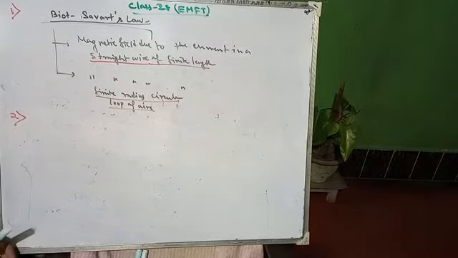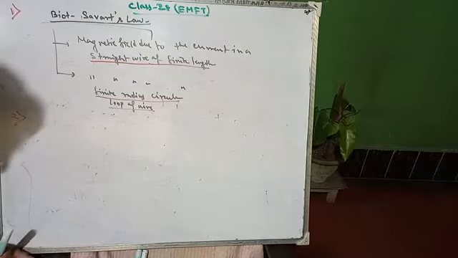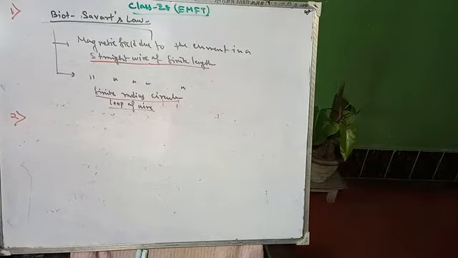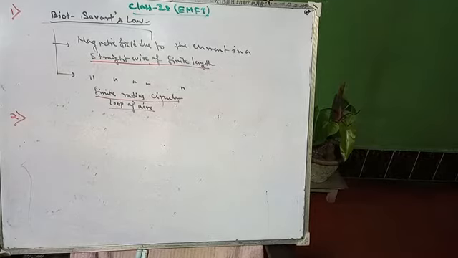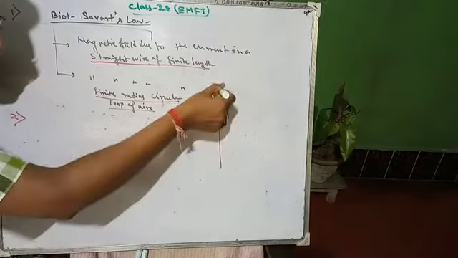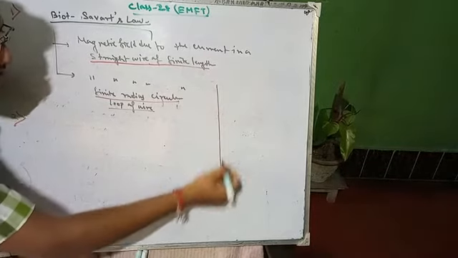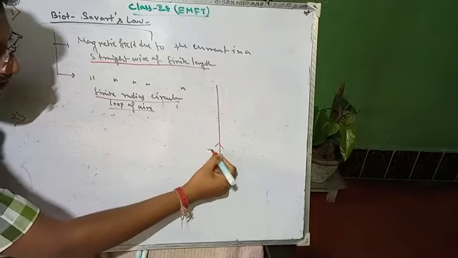We consider a differential element dl vector carrying current capital I in the z direction, that is, we are taking a conductor along the z direction carrying a current I.